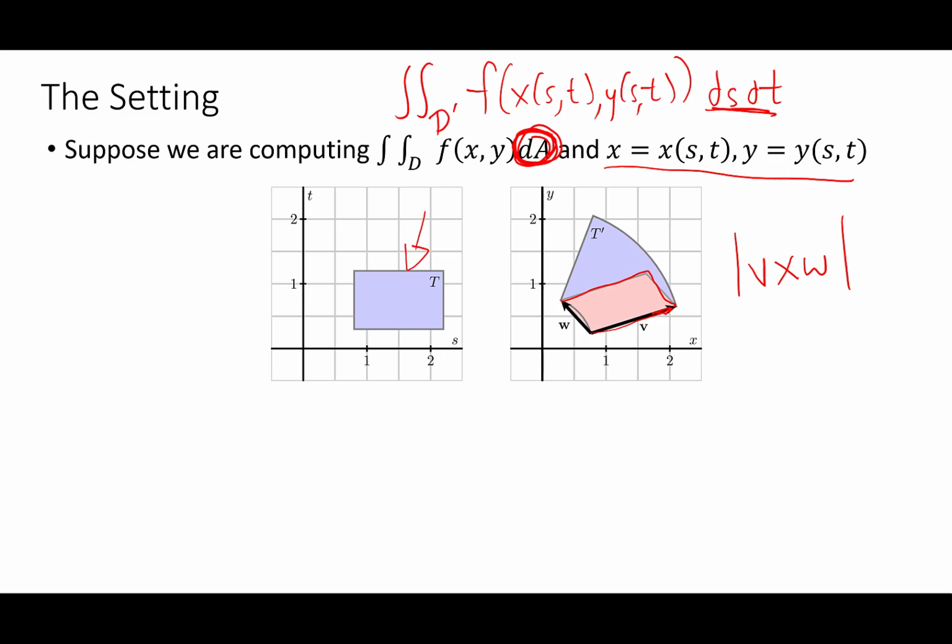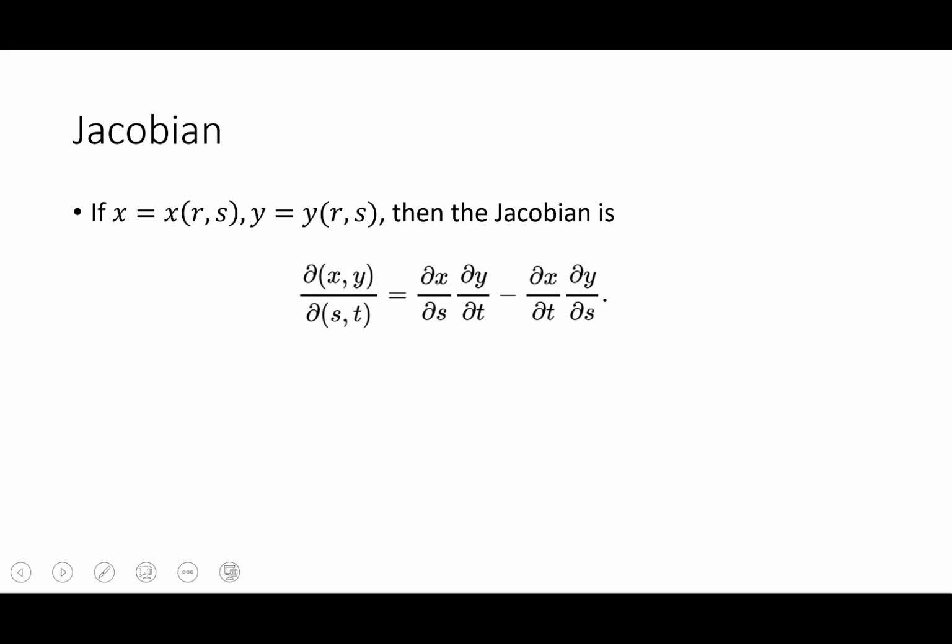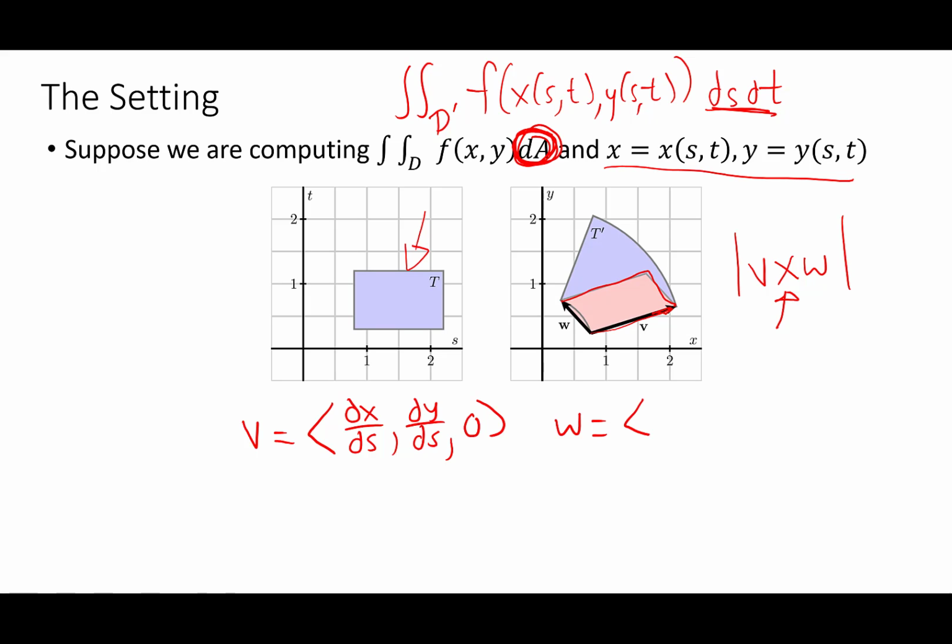Well, it turns out that v can be thought of as the vector partial of x with respect to s, partial of y with respect to s, 0, and we're adding a 0th coordinate so that we can actually take this cross product here, and w is similar, but now we're going to take the partials with respect to t.